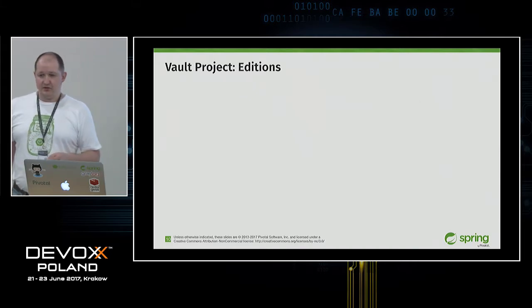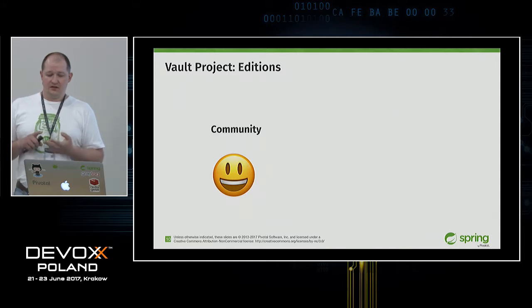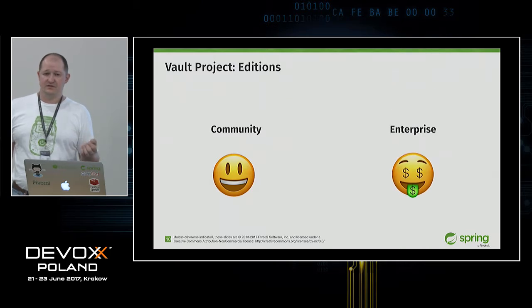But before, there are two editions of Vault. There's a community edition, which is very powerful. It comes with a lot of useful features. The features I mentioned, it has audit logging, it has access control lists, it's able to cluster. So a lot of really cool features. And then you are able to pay for Enterprise Edition.